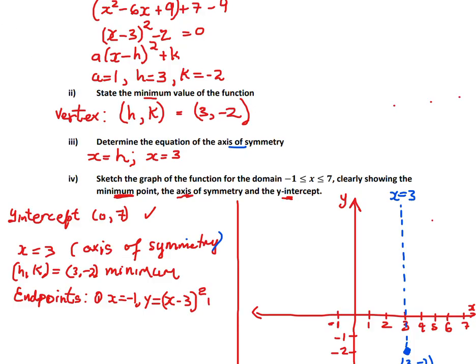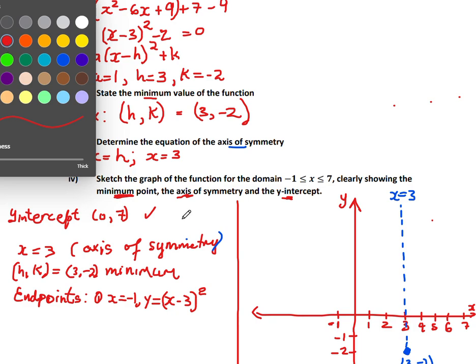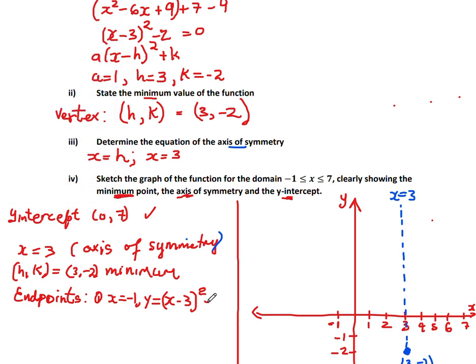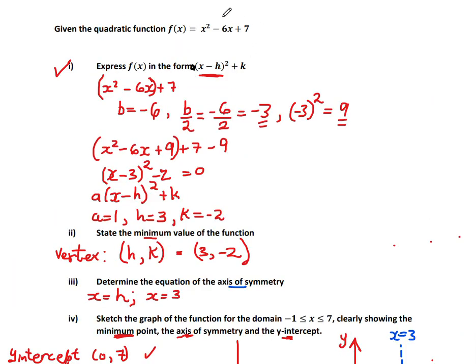We're going to substitute the value of x, which is -1, the lower limit in the domain, into this function to find the corresponding y value. Note that we could have substituted x equals -1, or the outer limits of the domain, into the original quadratic equation as well.